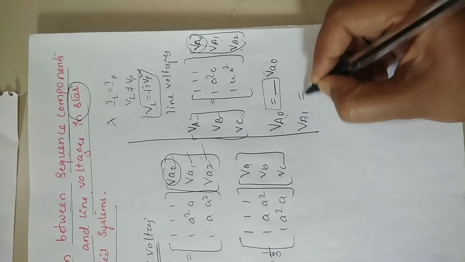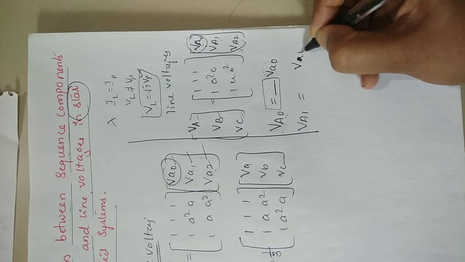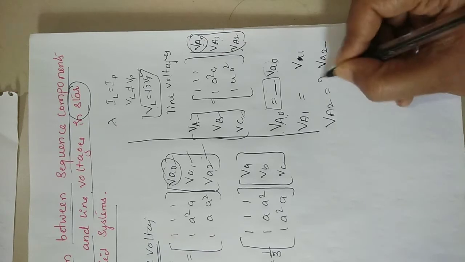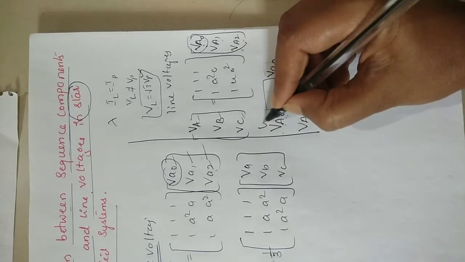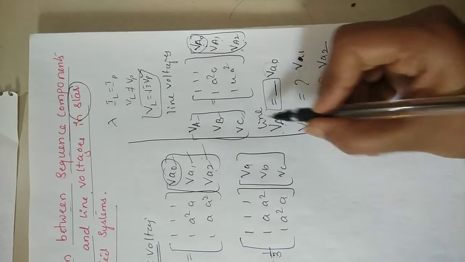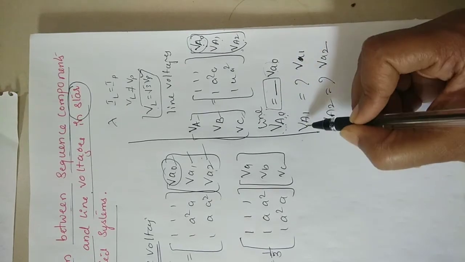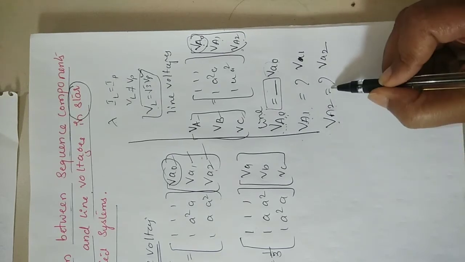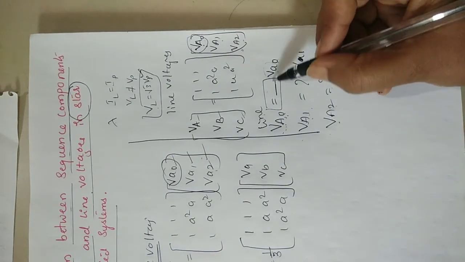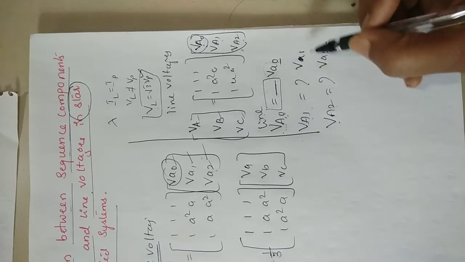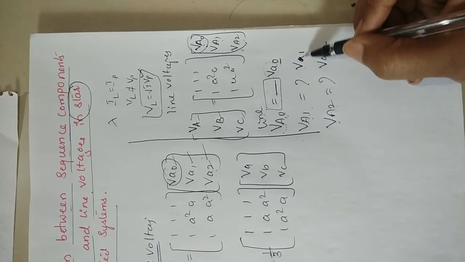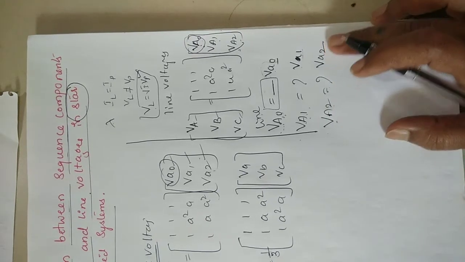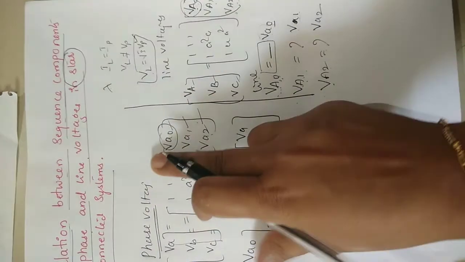Similarly, what is VA1 in terms of small VA1, and what is VA2 in terms of small VA2? Remember, these are line voltage zero, positive and negative sequence, in terms of phase voltage zero, positive and negative sequence. This we have to get. I hope you have got what we are going to do today.